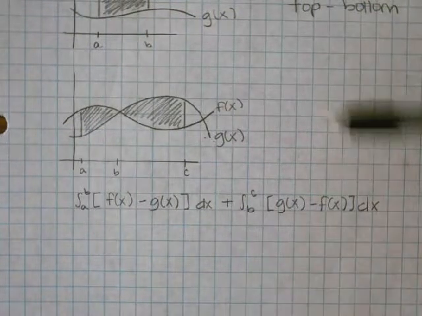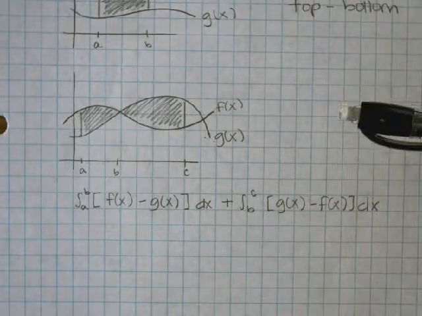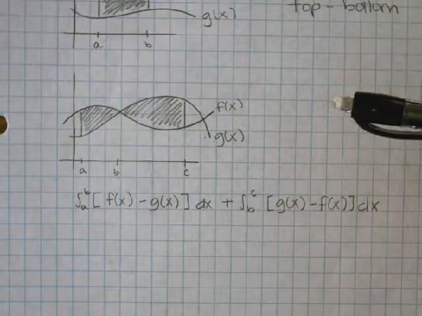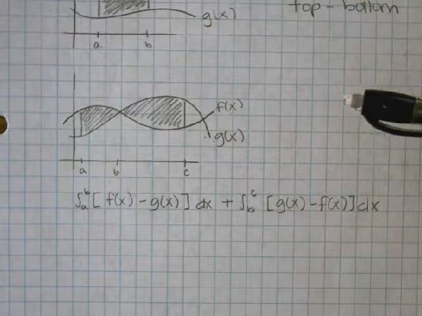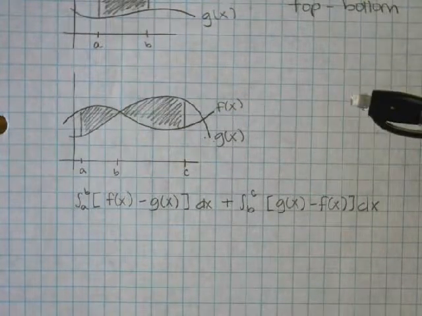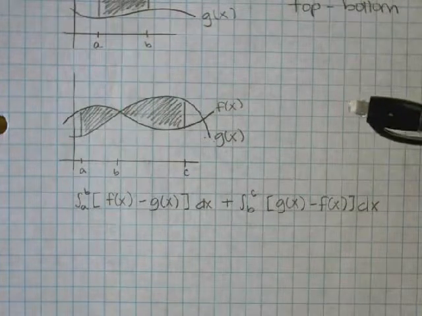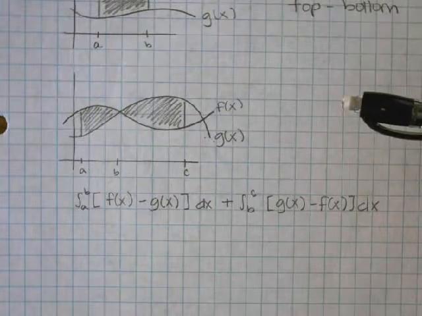Well, there's two different ways this could show up. We could have these problems on calculator active, in which case I could give you any function because you could just graph it on your calculator. Or calculator inactive, in which case I'd probably give you functions that you should be familiar with, something I would expect you to be able to graph by hand pretty easily.